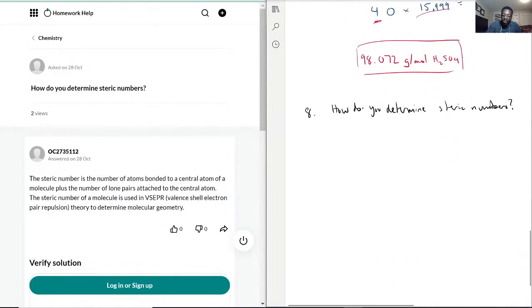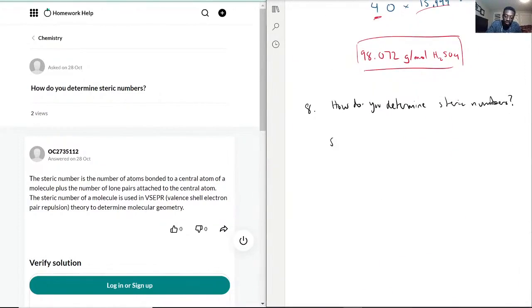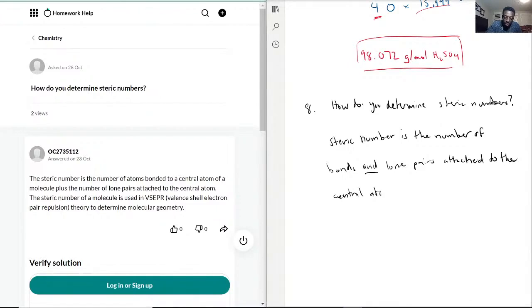Steric number is, okay, I'm gonna write this slowly so you can really get my handwriting, hopefully, the number of bonds and lone pairs attached to the central atom.